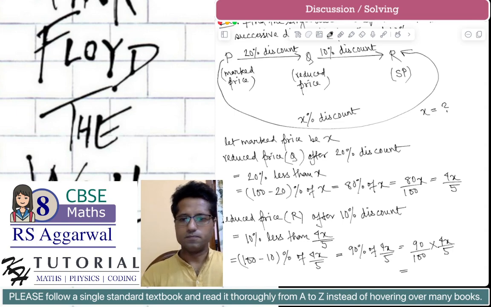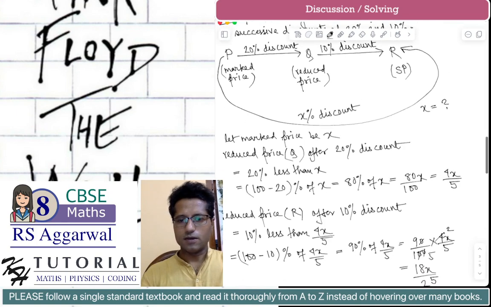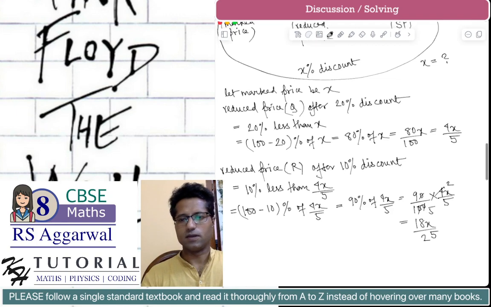Okay, the zeros cancel out, 2 5 2 2. So this is 18X by 25. R is the final reduced price or the selling price after the two successive discounts of 20% and 10% respectively. The final reduced price is 18X by 25.